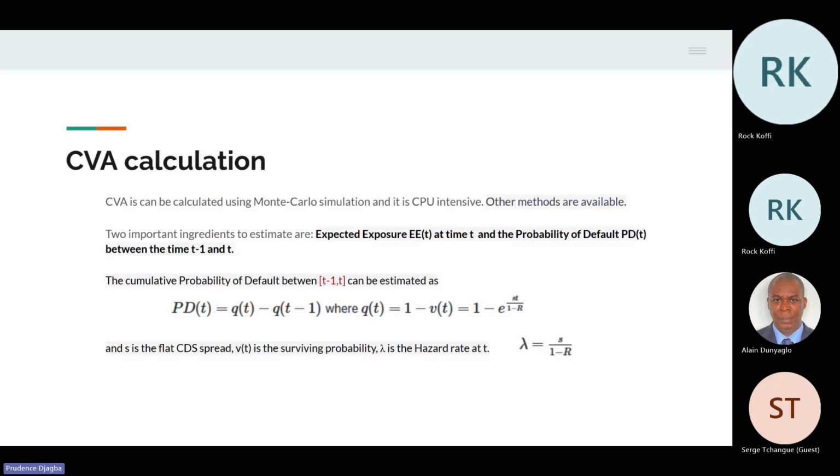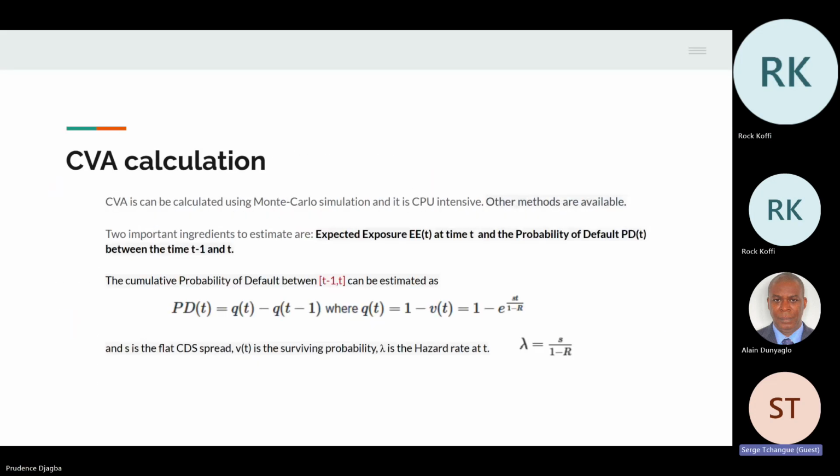Sometimes it can be estimated as the spread divided by 1 minus r. So when we evaluate the probability of default at time t, we should take the difference between this quantity at t and at t minus 1, because the probability of default is over a time frame.